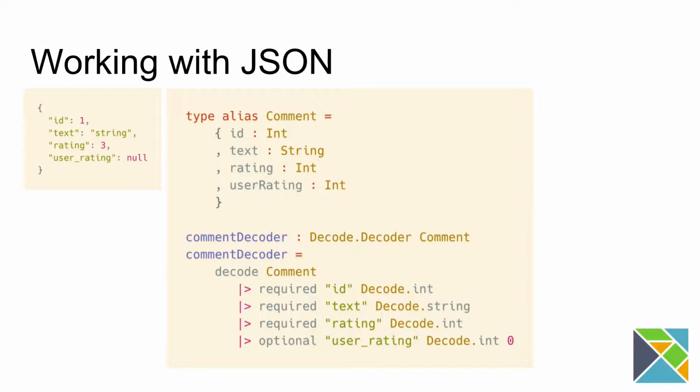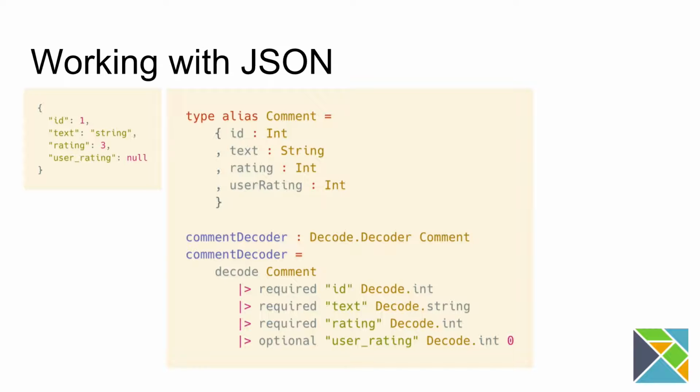This syntax here is provided by a special library for decoding, which is not part of the Elm standard pack, but it's developed by the official, so the core developers. So it's very well maintained, very well documented. Everything is up to date, so it won't just break.